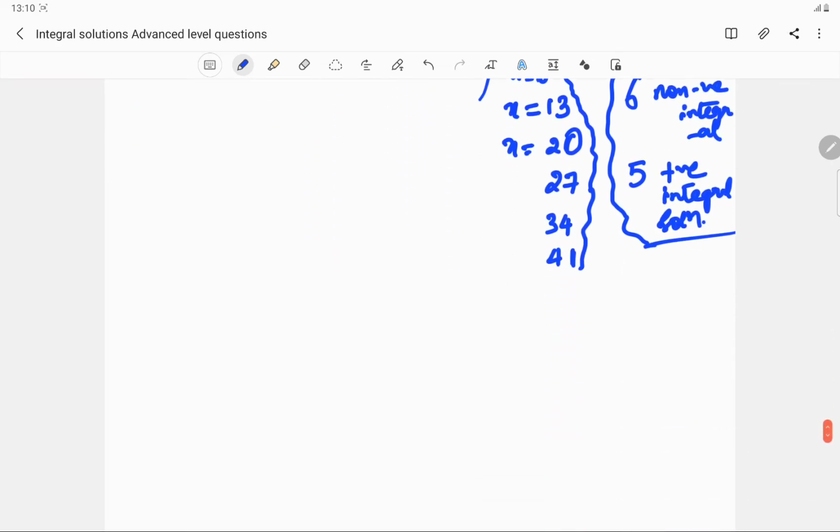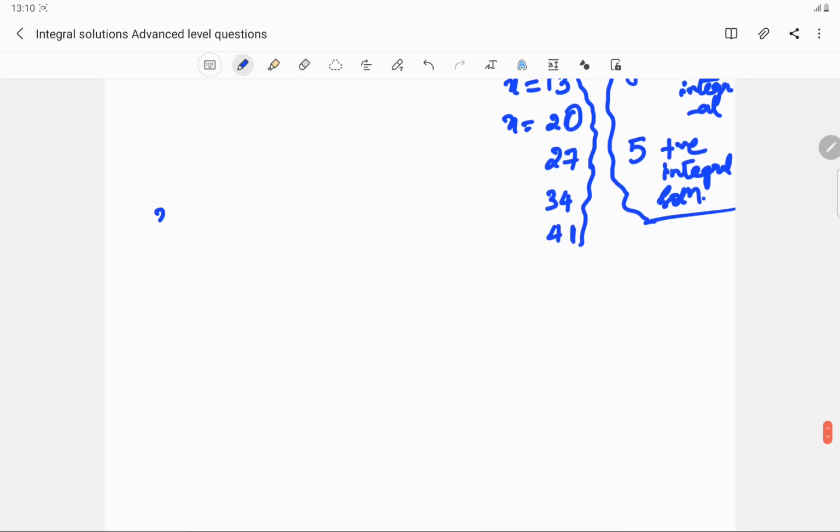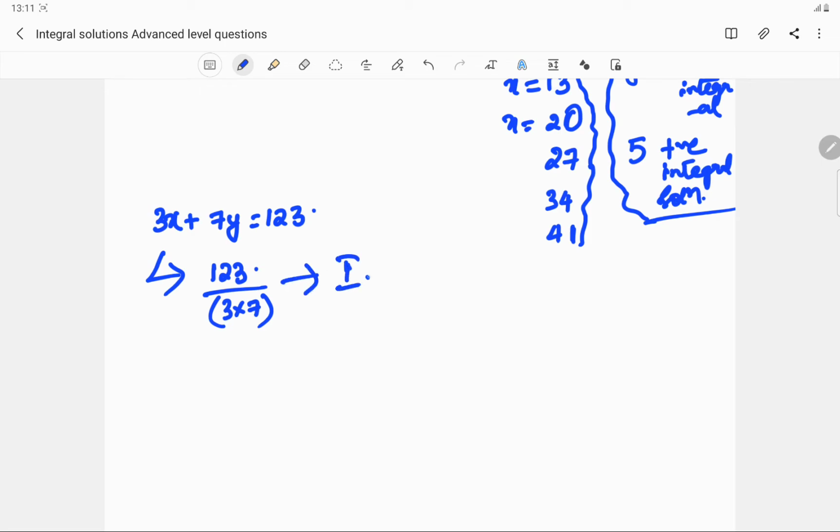Instead of listing down all the values of x, we can do one thing here. In this equation 3x plus 7y is equal to 123, first divide this 123 by a into b, which is 3 into 7. So you will definitely get some integer plus some decimal value. So ignore the decimal portion, and concentrate only on the integer.